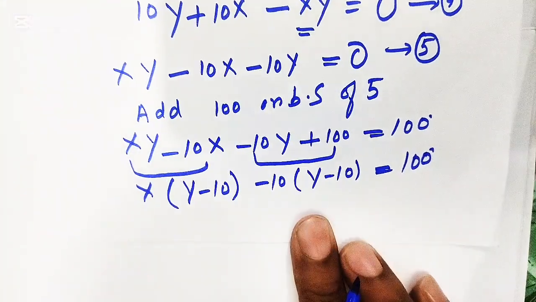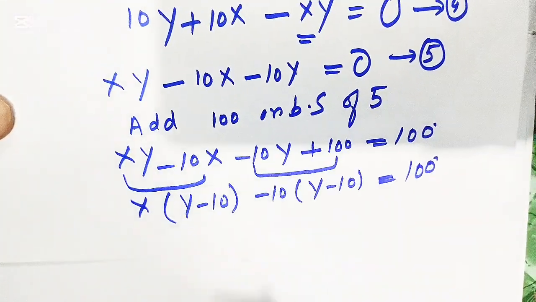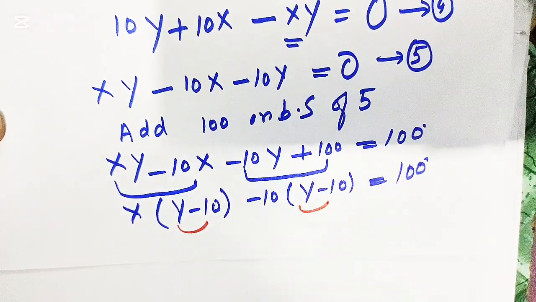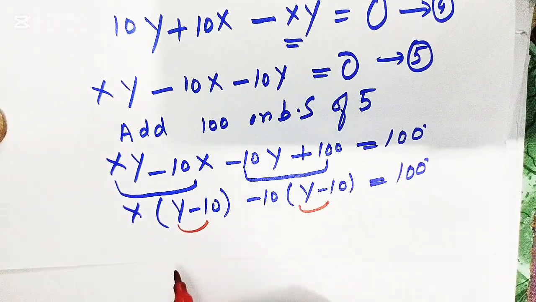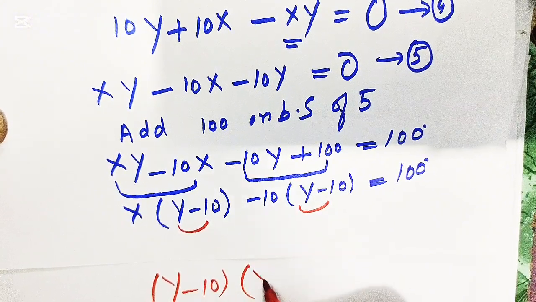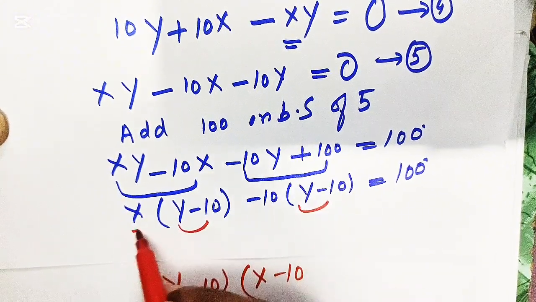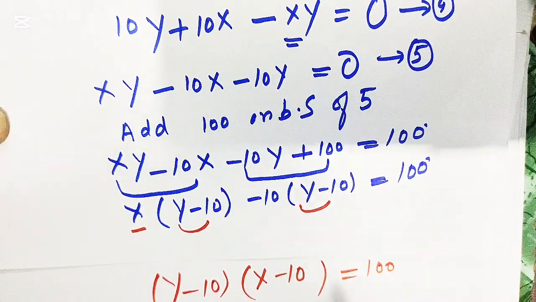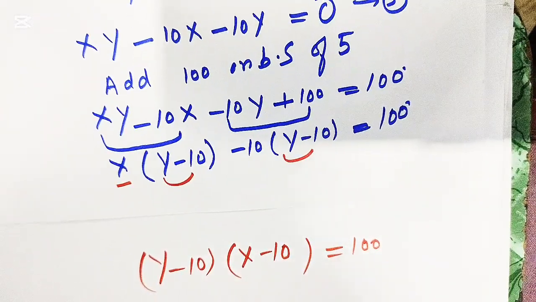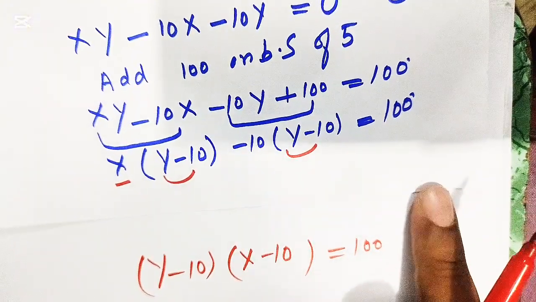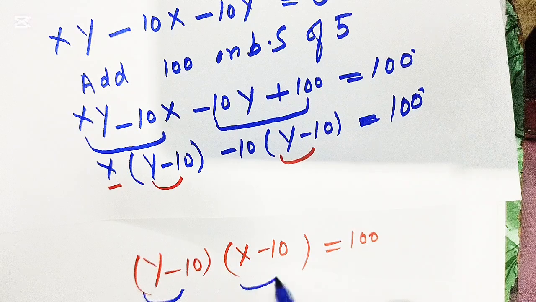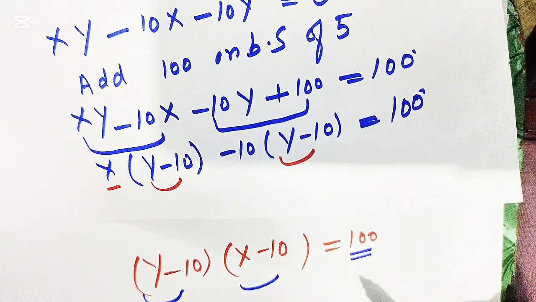Now y minus 10 is common in this equation, so I can write y minus 10 times x minus 10 is equal to 100. Now we have a very interesting situation: these two factors are multiplied and we get 100.